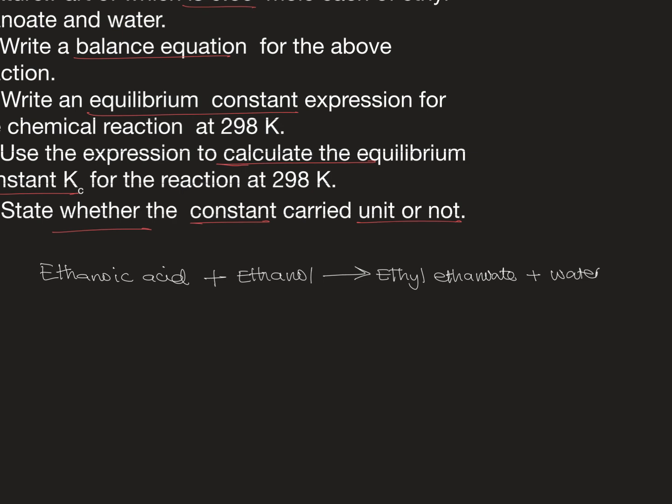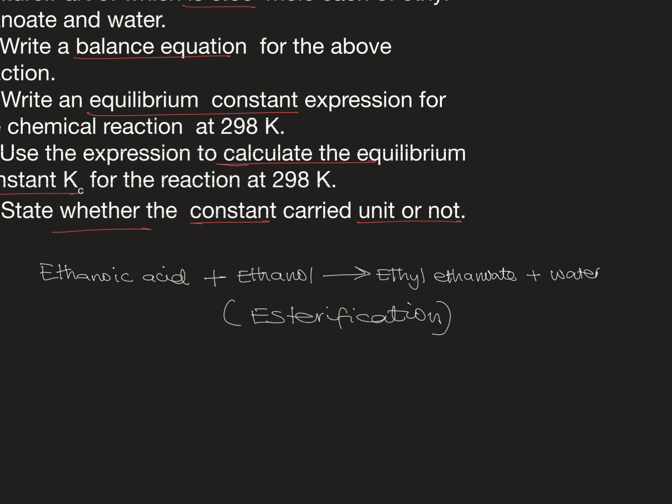Okay, so this type of reaction is called esterification in chemistry. Esterification is the process by which a carboxylic acid or an alkanoic acid reacts with an alcohol to produce an ester. This ethyl ethanoate is an ester, a sweet smelling compound.